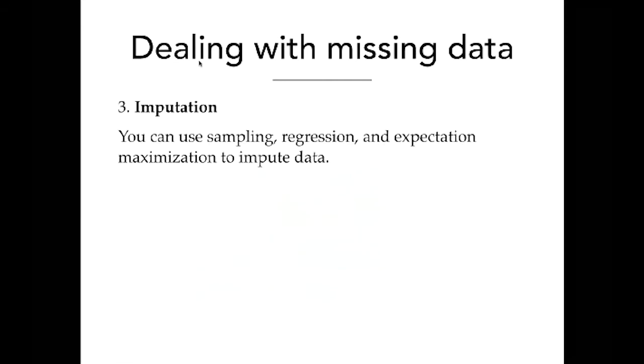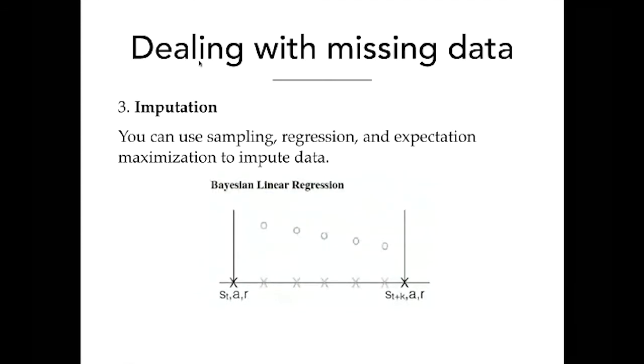Another way you could do this is with imputation. So you can use sampling. In this case, we use sampling from the posterior and then Bayesian linear regression to impute the data. We know what the data is at the black X's.